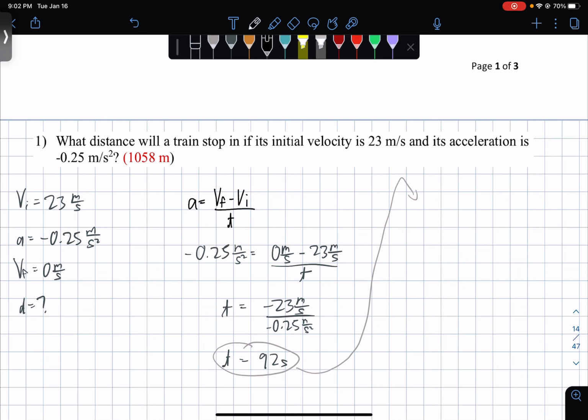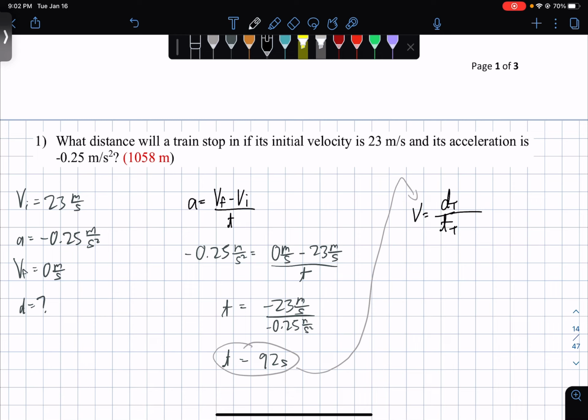We'll use the good old velocity formula. Velocity is equal to distance divided by time, such that the time that we have is already the total time, so we don't need a time final and a time initial. Actually, this is what we're supposed to look for: the total distance.